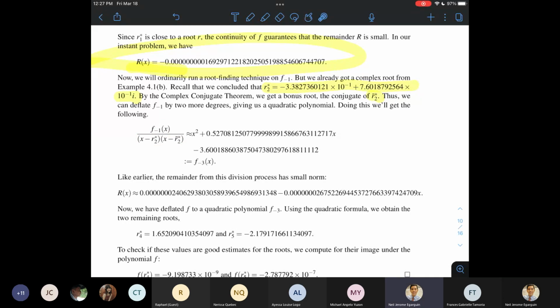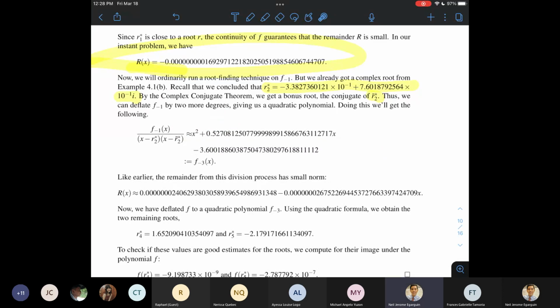And luckily, actually hindi naman luckily, pero expectedly, all right, yung degree for polynomial that is f sub negative 1 after division by a quadratic of polynomial will just become this quadratic polynomial. Ito yung f sub negative 3, deflated by 3 degrees. And I'm very happy with this result kasi pwede ko nang itigil yung ginagawa ko kasi simple quadratic formula na lamang will give me the roots of f sub negative 3.